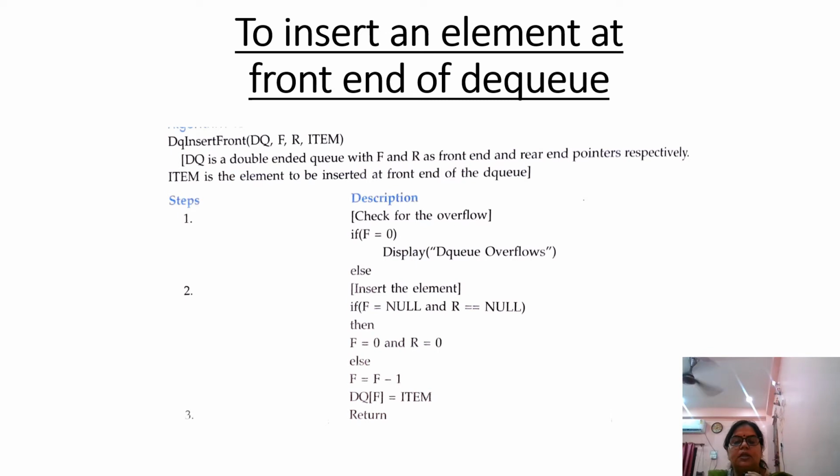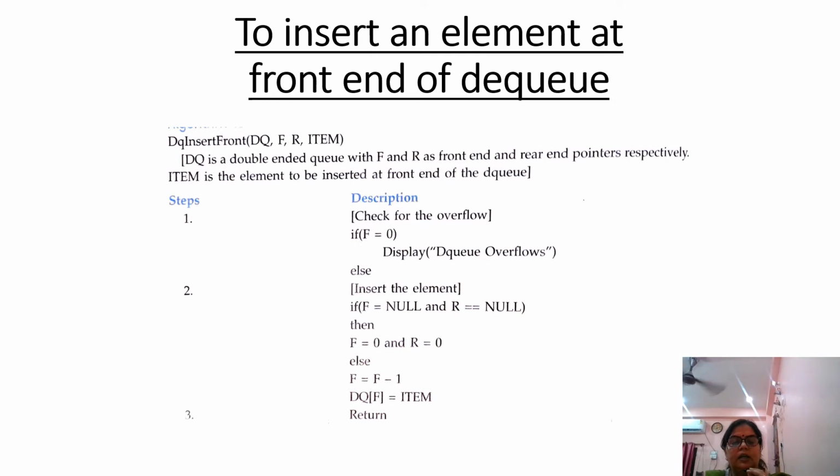The procedure is the same as you have learned in the simple queue. First we have to check whether elements are there or not. If F is equal to 0, display DQ overflows. Else, if elements are not there, then we have to insert elements.